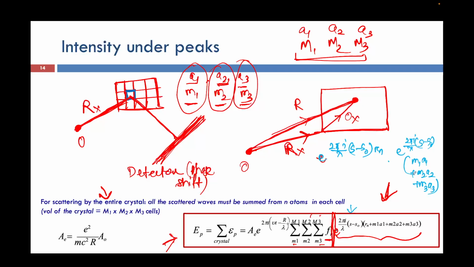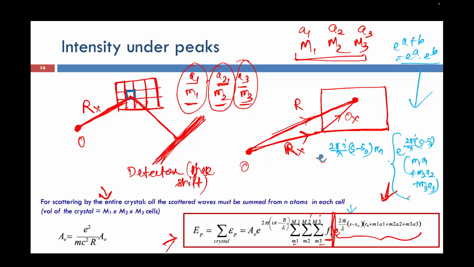Right, because e to the power a plus b is equal to e to the power a into e to the power b. That's what I have done here. So now I am getting an expression like this.